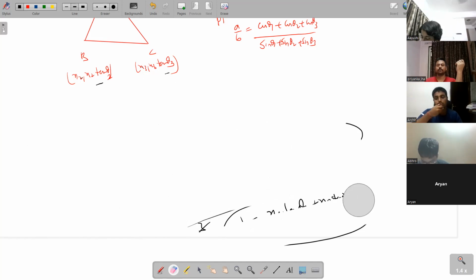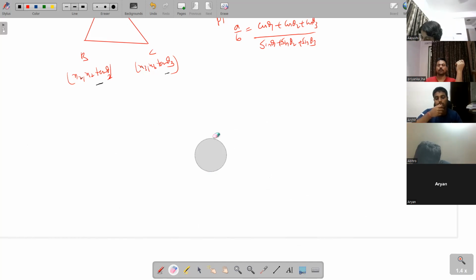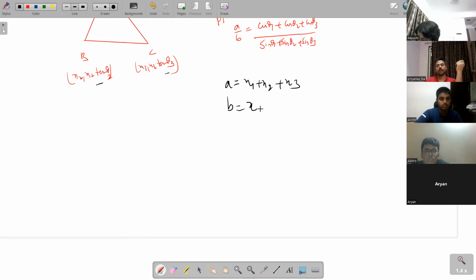So we have got A equal to x1 plus x2 plus x3 and B equal to x1 tan theta 1 plus x2 tan theta 2 plus x3 tan theta 3.